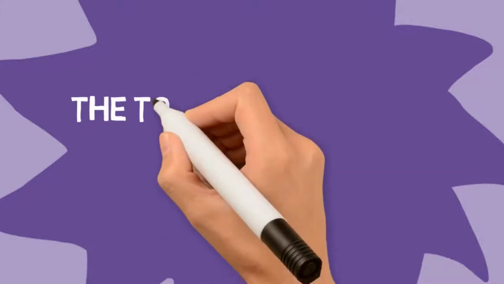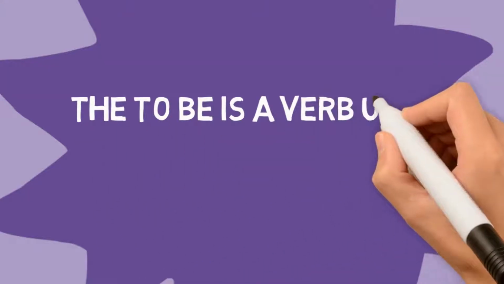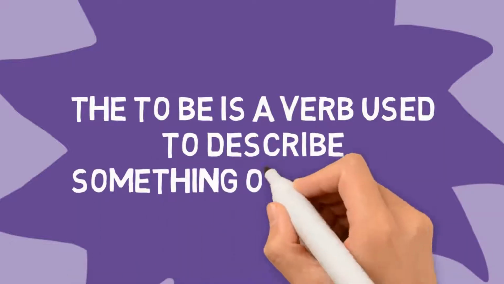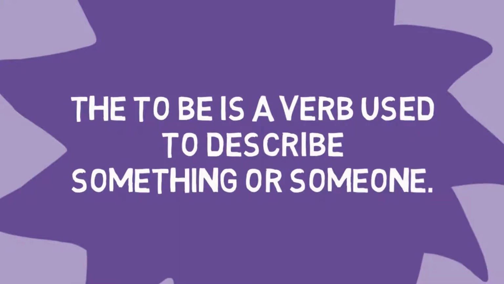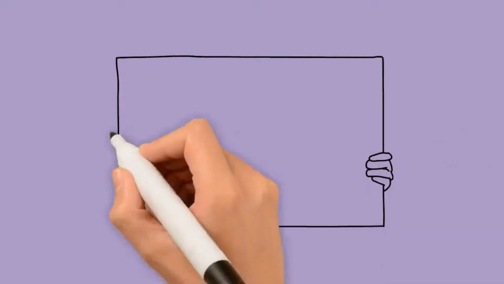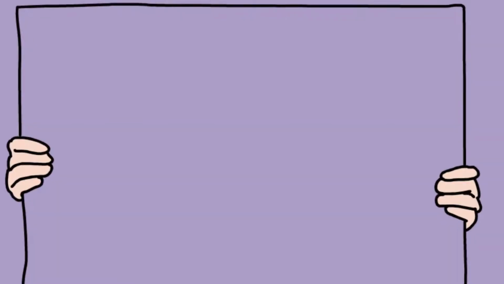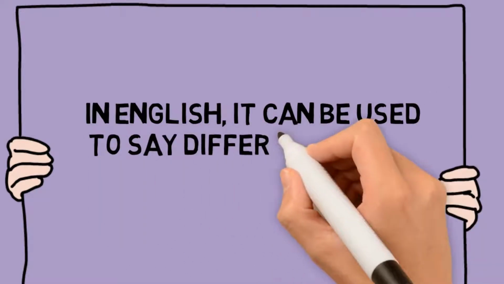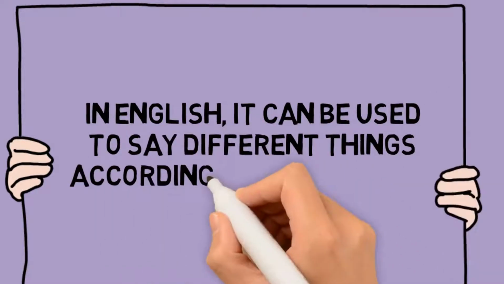The to be is a verb used to describe something or someone. In English, it can be used to say different things according to the context.